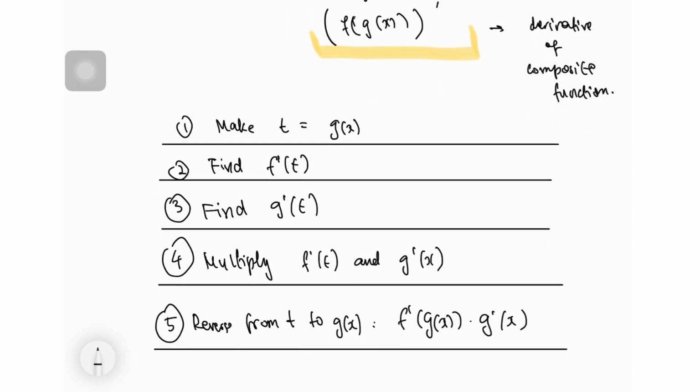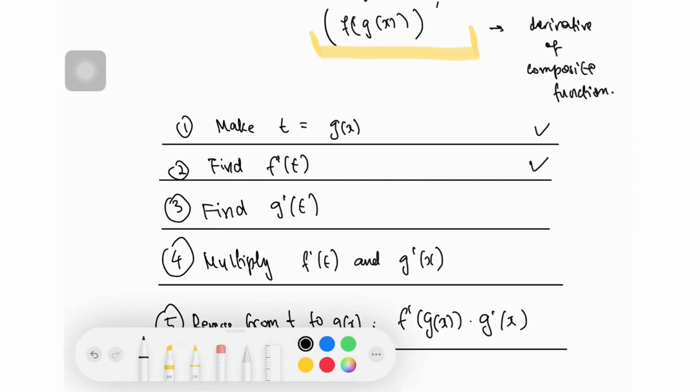Now you can do this as a table which has 5 steps that we just outlined, and here they are presented as a list. So first we make t equals g of x, then we find f prime of t, then we find g prime of x. Here is a small mistake.